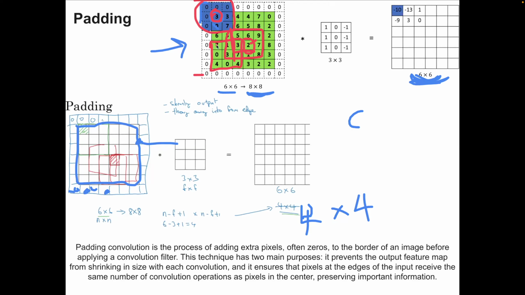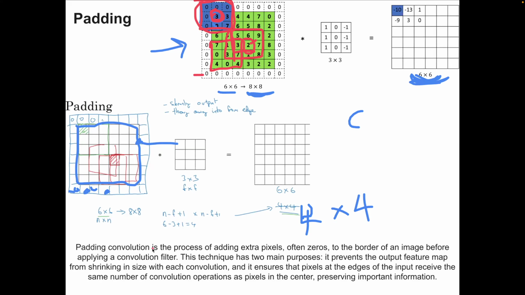But because of the padding, we can now have full pixels surrounding it, and then it becomes like the centered pixel, and with that we do our operation and we won't lose details. So padding helps a whole lot.